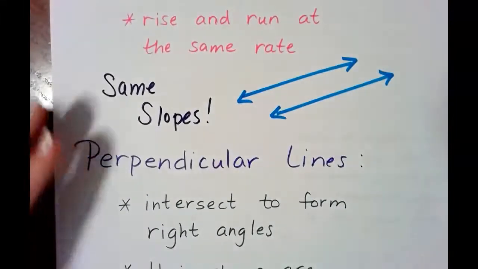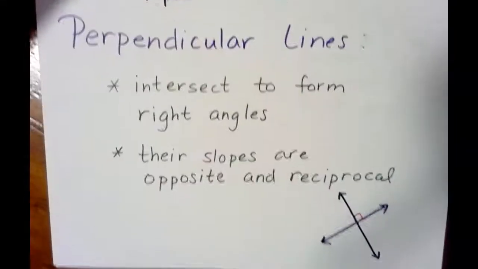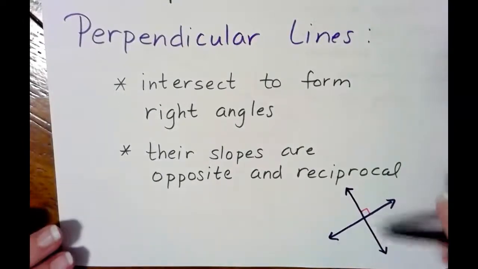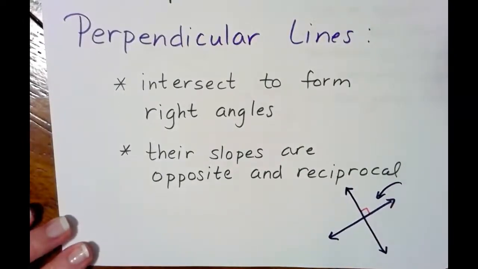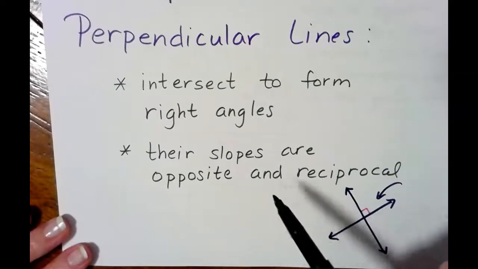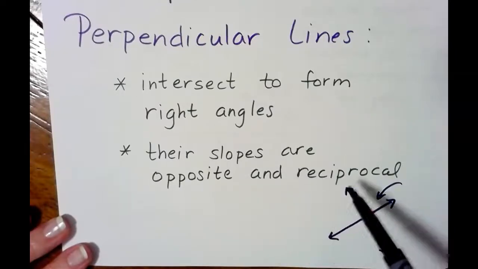Perpendicular lines intersect to form right angles. So when two lines intersect and they form a right angle, we would say that the lines are perpendicular. Their slopes are opposite and reciprocal.